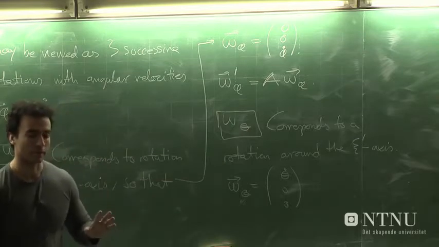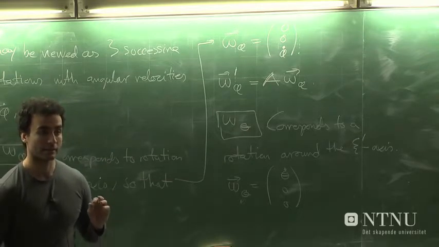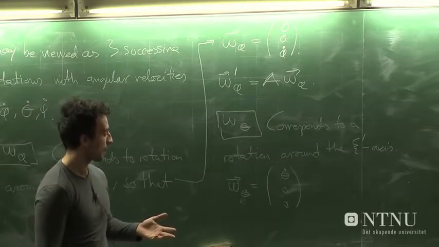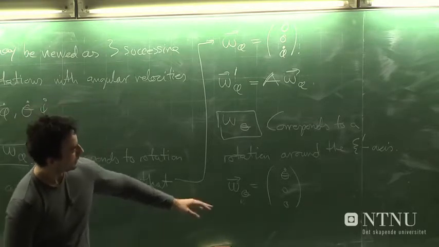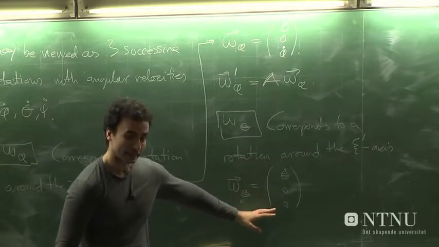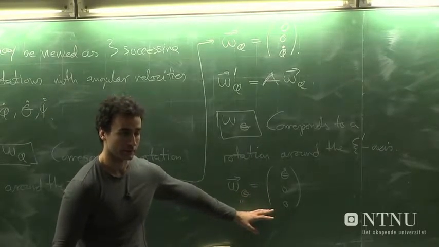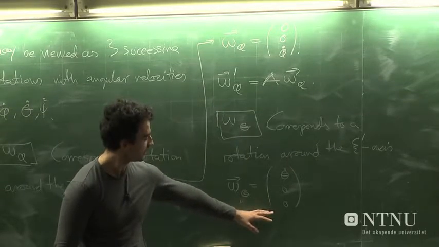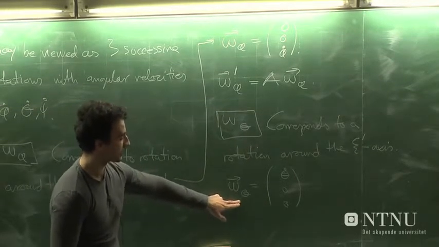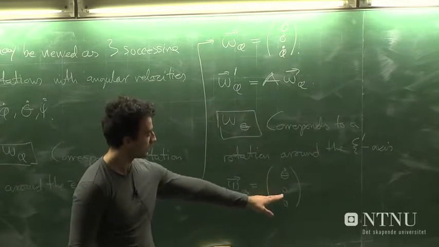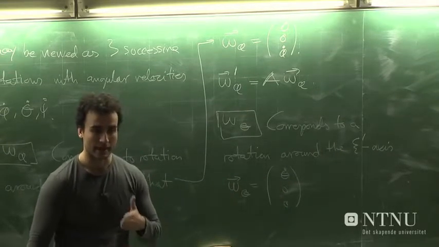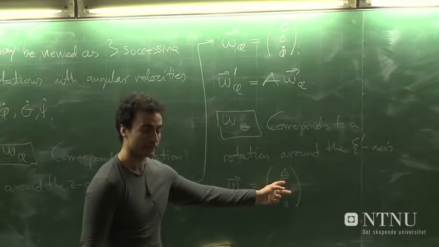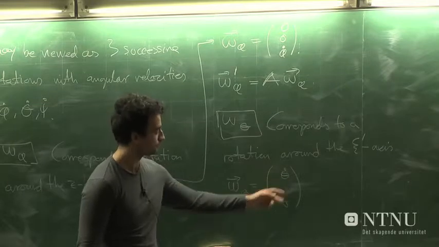Now theta corresponds to a rotation around the xi prime axis, if you consider your notes. So expressed in that coordinate system, which should be xi prime, eta prime, zeta prime, this angular velocity can be written like this. Its direction is along the axis of rotation, which is the xi prime axis, and its magnitude is theta dot.